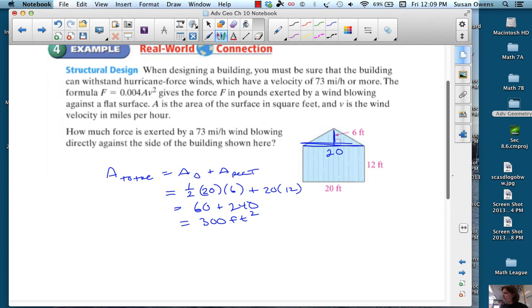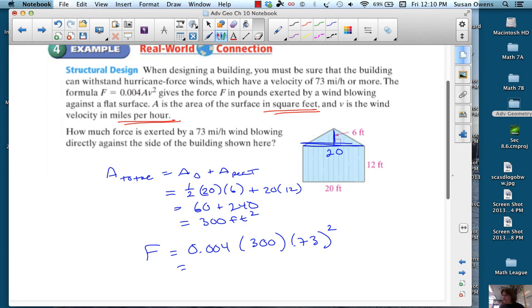It specifically tells me that area is in square feet and my area is in square feet, and the velocity is in miles per hour, and sure enough, it gives me the velocity in miles per hour. So the force is going to be 0.004, the area is 300, and the velocity is 73 miles per hour squared.